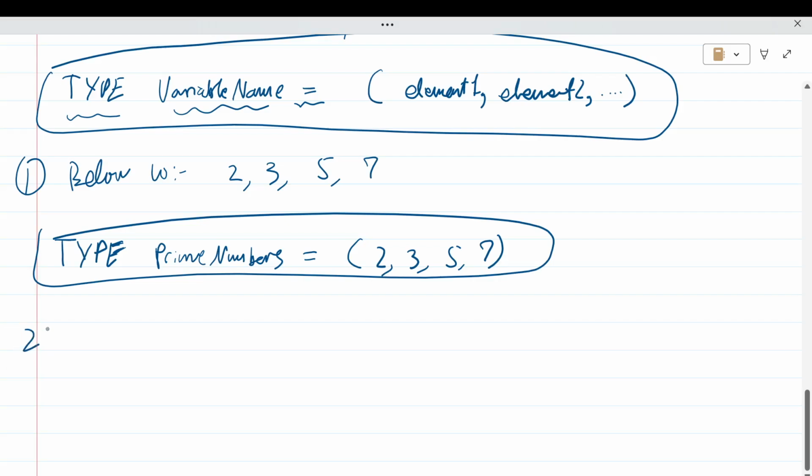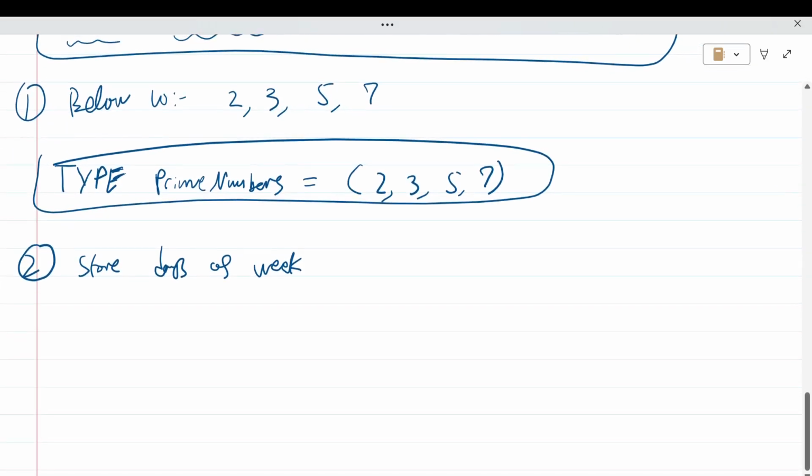Let me give you another question. Let's say you want to store days of the week. That is one of the questions from the past papers. So you can do it this way: TYPE, and instead of prime numbers, you write Days.